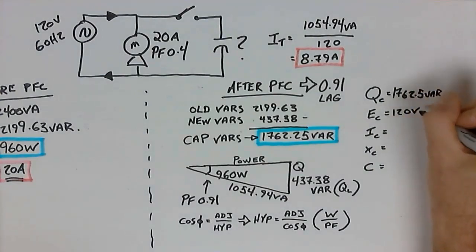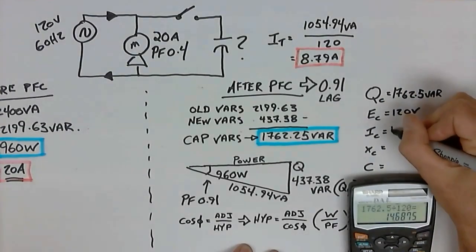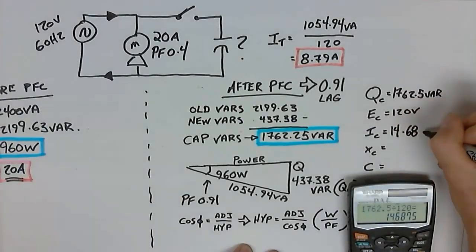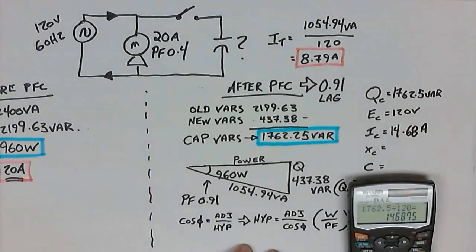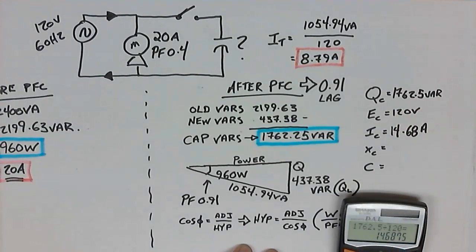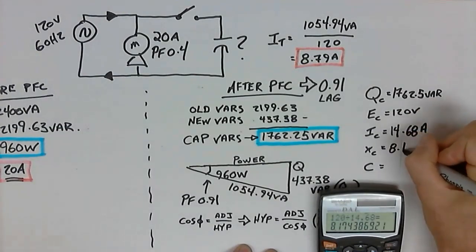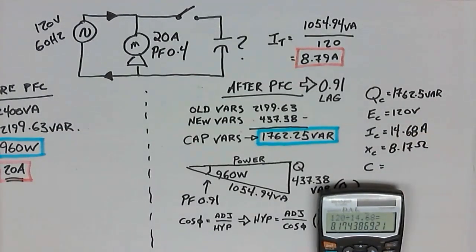Voltage, 120 volts. If I use my power formula, VARs divided by voltage gives me current of the capacitor. So 1762.5 divided by 120, 14.68 amps. So this capacitor is going to be drawing 14.68 amps. XC, well, let's use our Ohm's law. 120 divided by 14.68 equals 8.17 ohms of capacitive reactance.